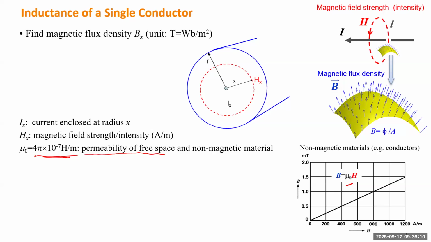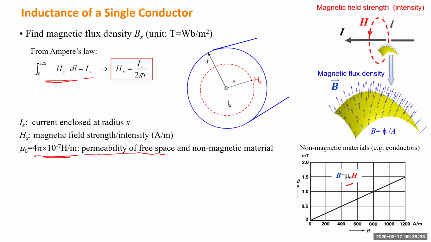Okay, so now we're ready to calculate the magnetic flux density Bx. This is proportional to Hx by a factor of mu zero. But first, we need to apply Ampere's law. Ampere's law tells us the current depends on the magnetic field.